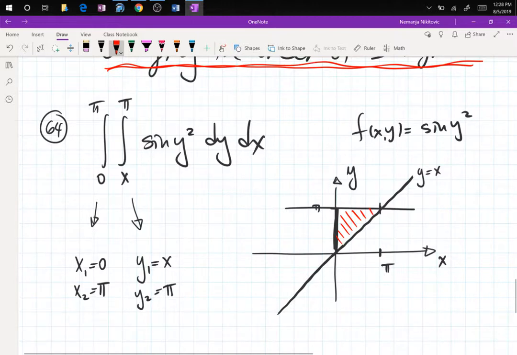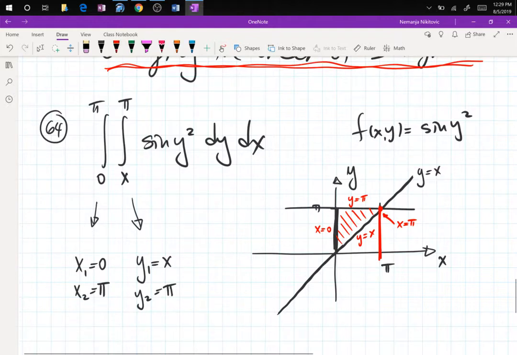Because this triangle is the one stuck in between the functions that are given to us in the limits. Here is your x equals 0, here is your y equals pi, here is your y equals x, and this single point here is x equals pi, because it's all the way to the right. Now, some of you might say, why don't you just drop a line right there, x equals pi, and then shade below?